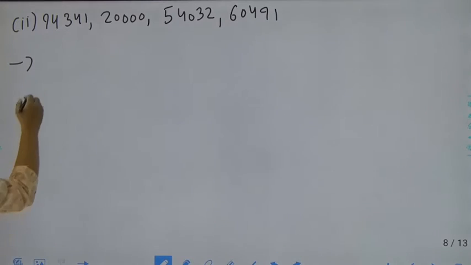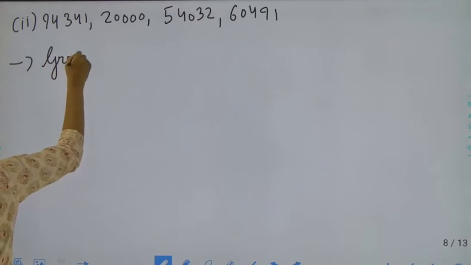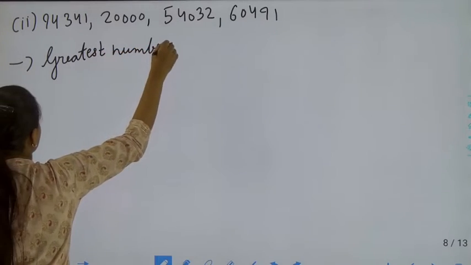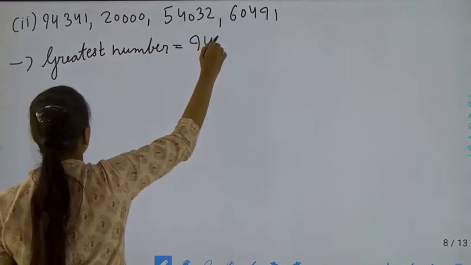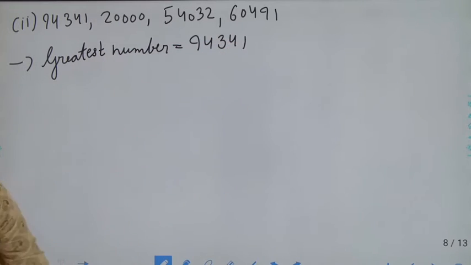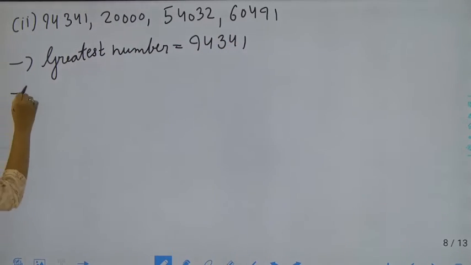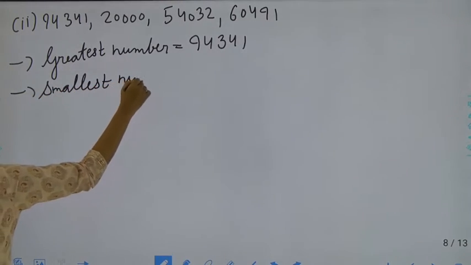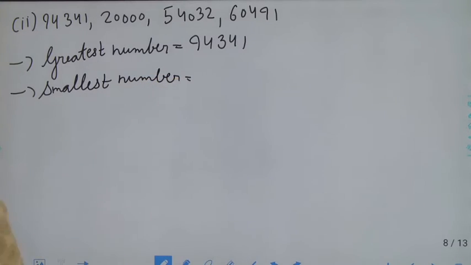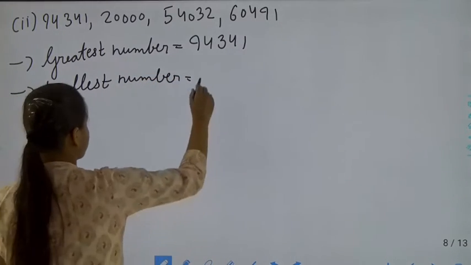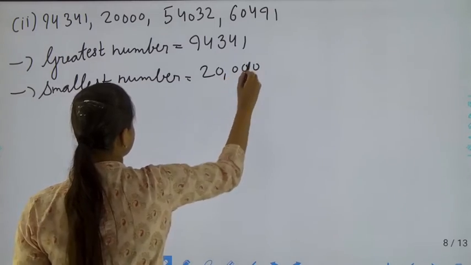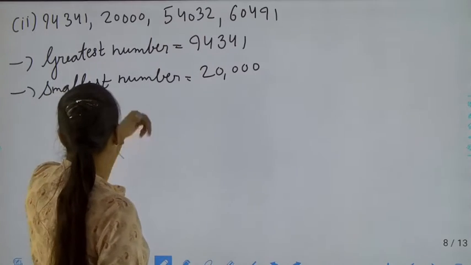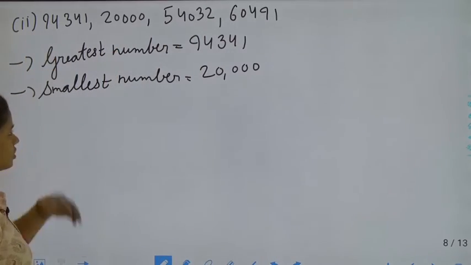So the greatest number is 94,341, and the smallest number is 20,000, because the other numbers are 60,491, 54,032, 20,000 and 94,341.